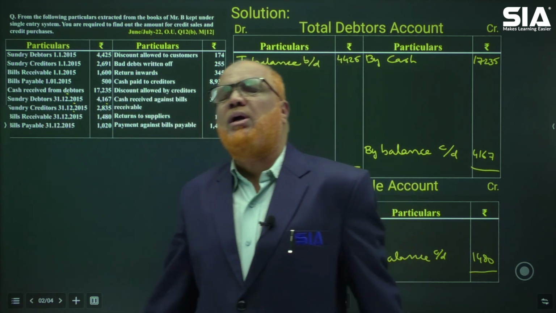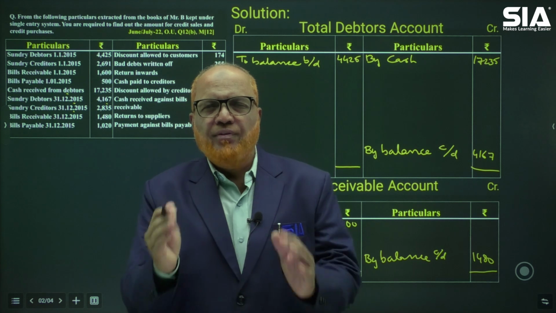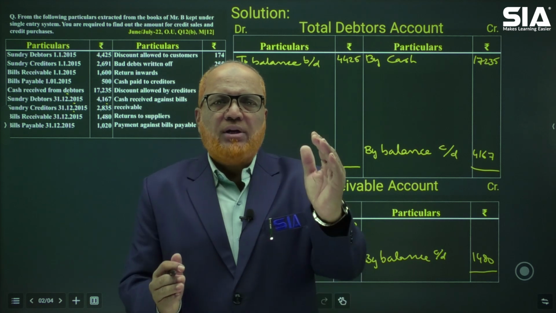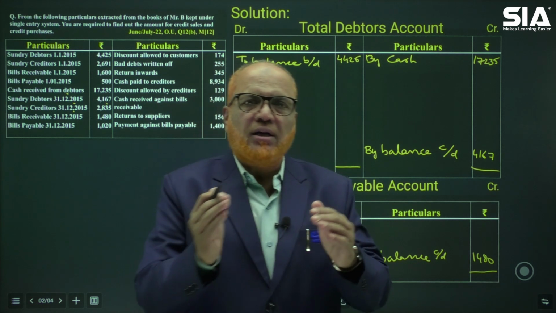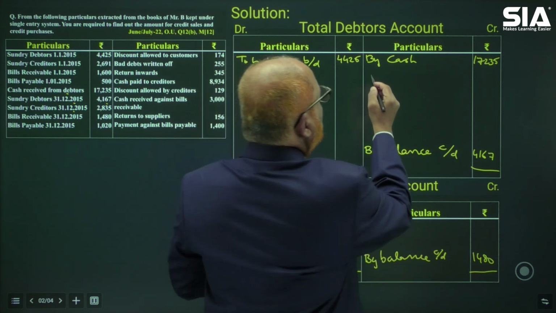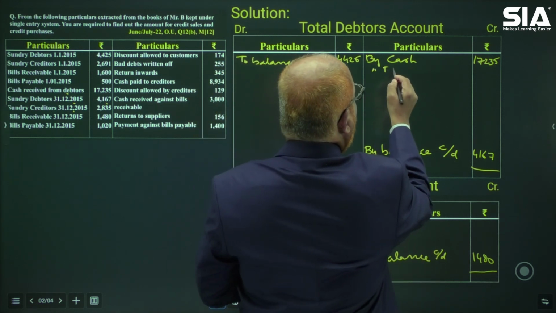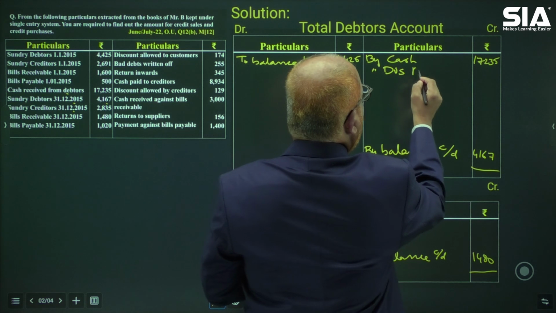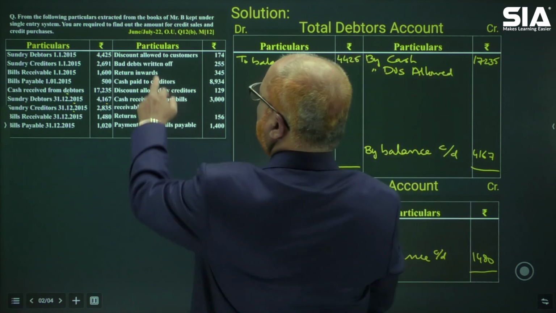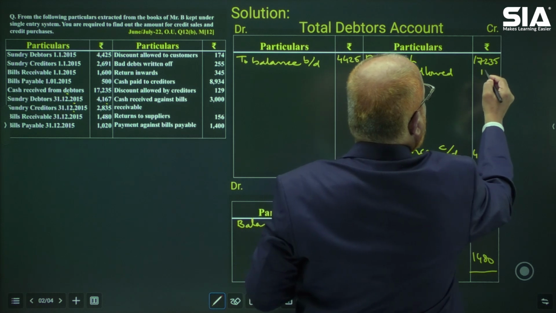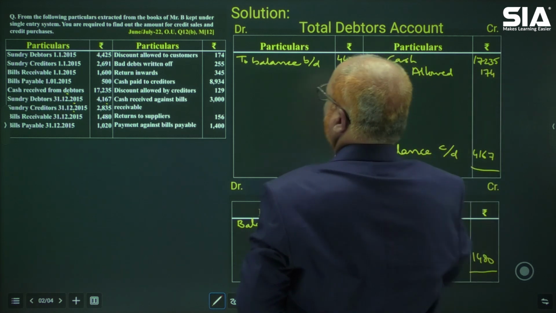Discount allowed to customers. The entry will be discount allowed account debtor to debtors. So debtors account should be credited by discount allowed. How much is the discount allowed? 174.